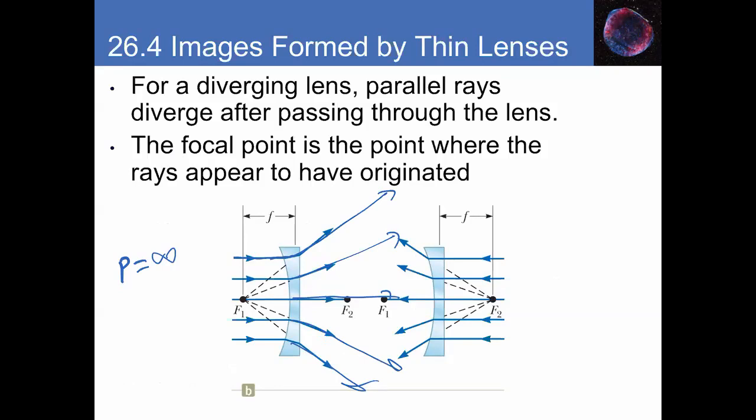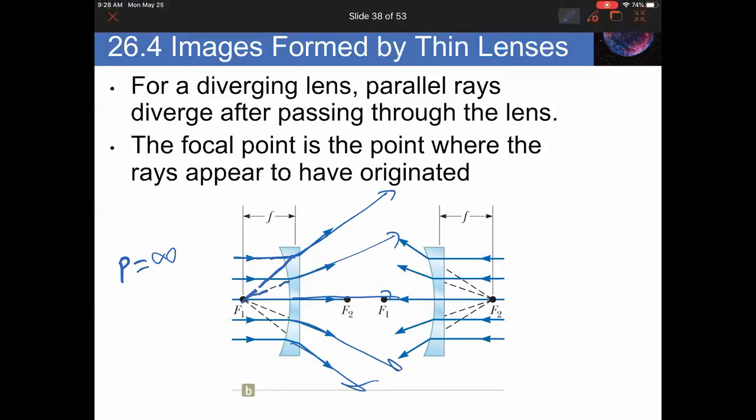So what we do is take the refracted light and trace it back to get the image. In this case, if p equals infinity, then q is equal to that same distance as f, right? But here f is negative and q is negative, because it's going to be a virtual image.